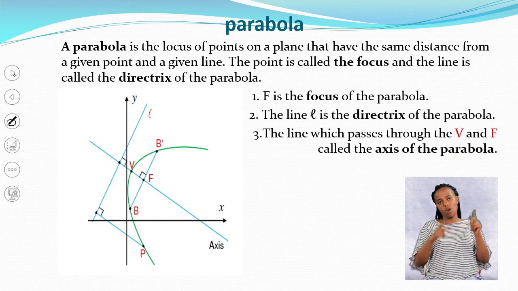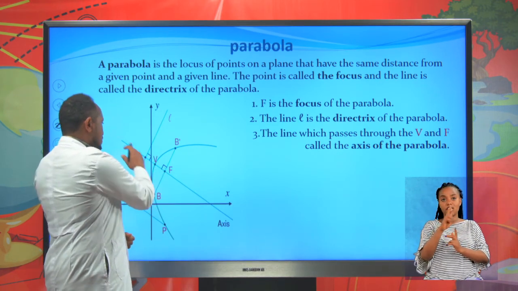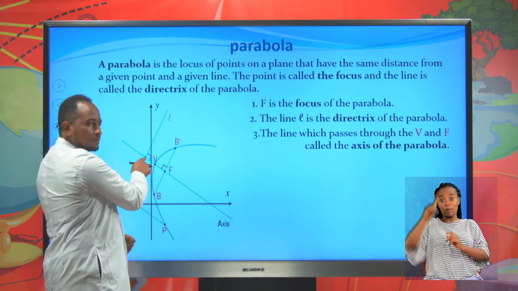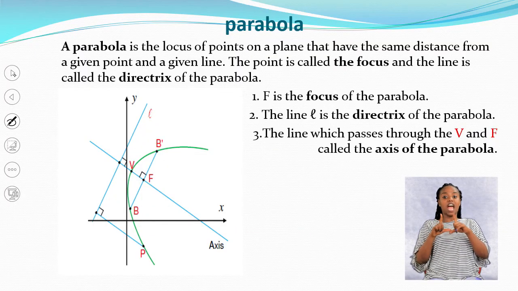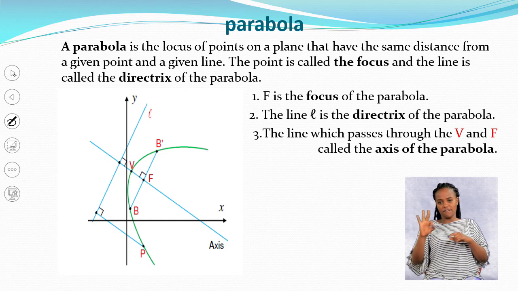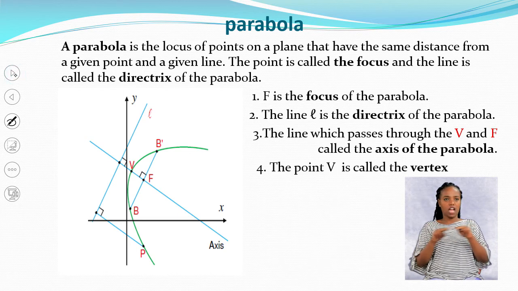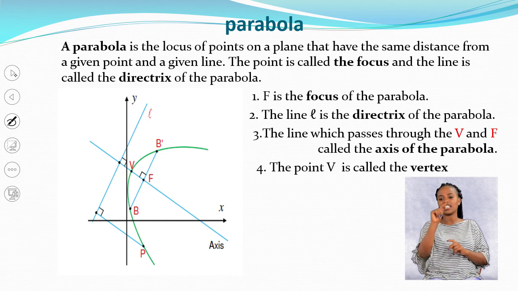The line passing through V and F, the vertex and the focus, and perpendicular to the directrix, we call the axis of the parabola. The point V is the vertex, which is found on the axis of the parabola.